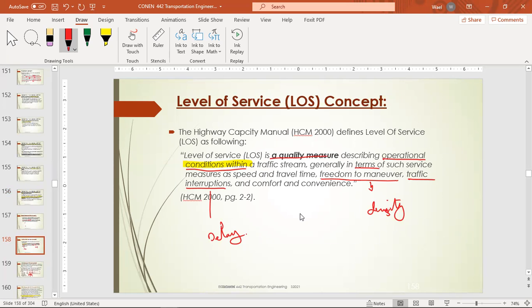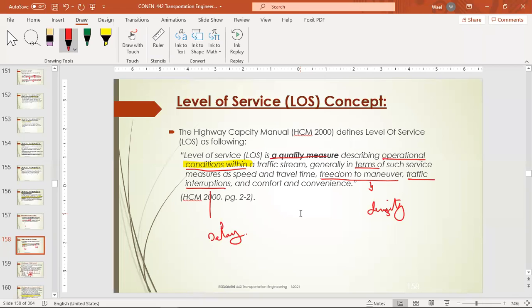So what is the definition of level of service? Level of service is basically a quality measure. It's a measure that we use to describe the quality of operations. So we cannot say that the highway is congested. What do you mean by congested? That's a very vague word. Or that the traffic is bad.